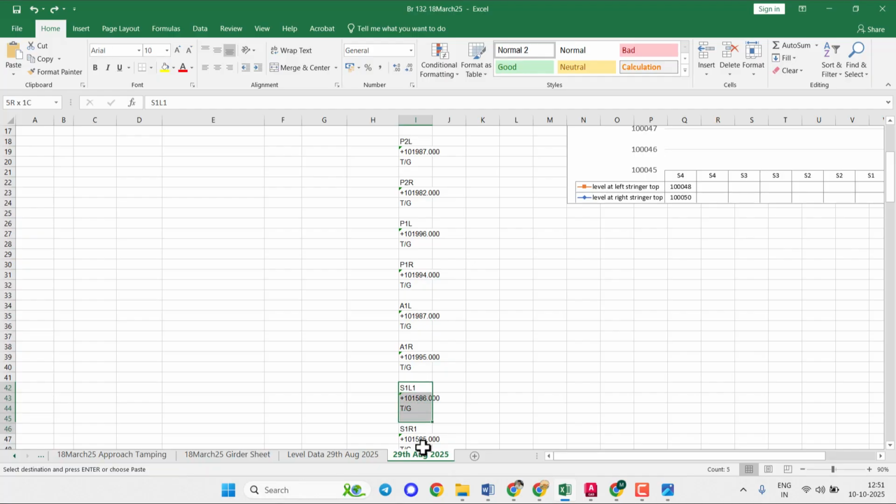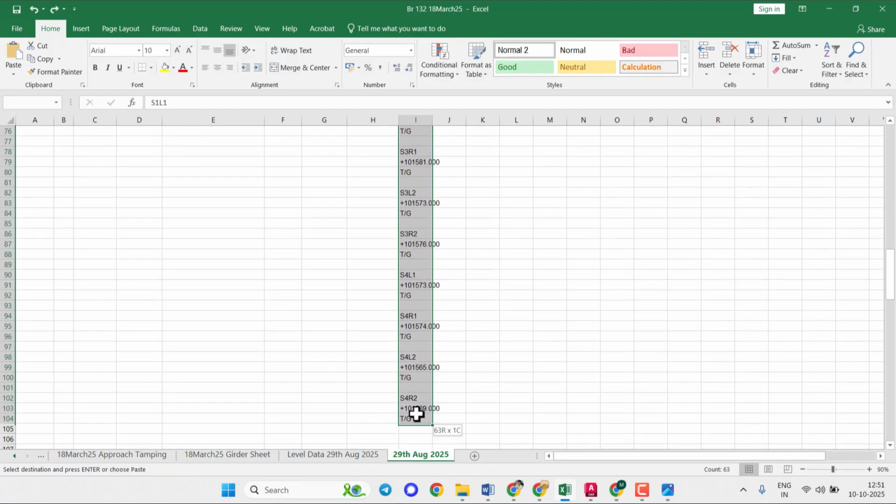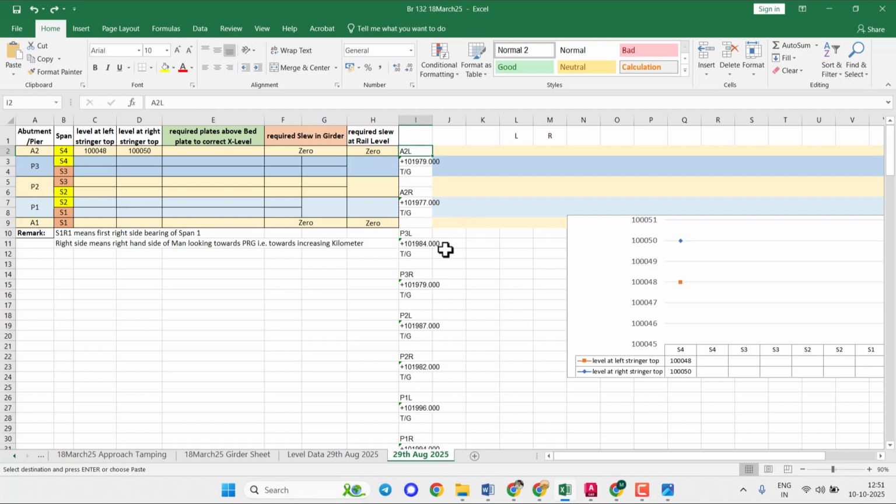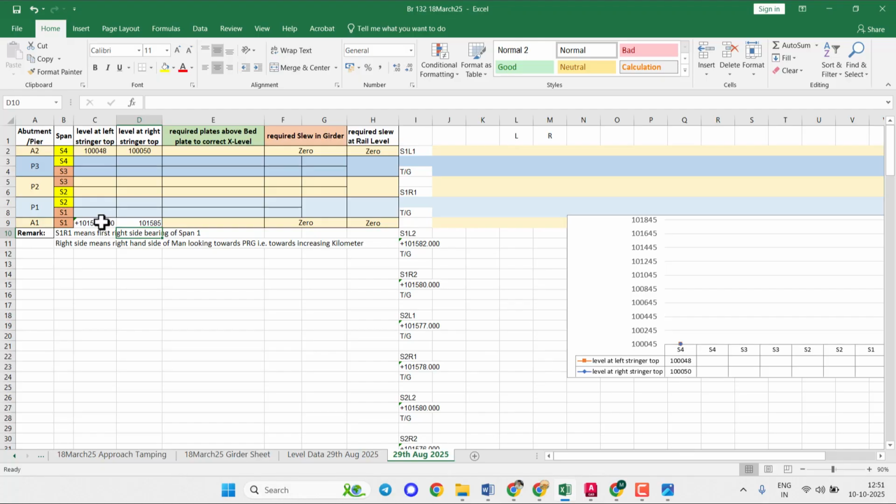Yes, for level we will go only for stringers. Rail level is not required here. S1 L1, and S1 R1. This is S1 R1. We may do color coding before, we may do after, it's up to you.